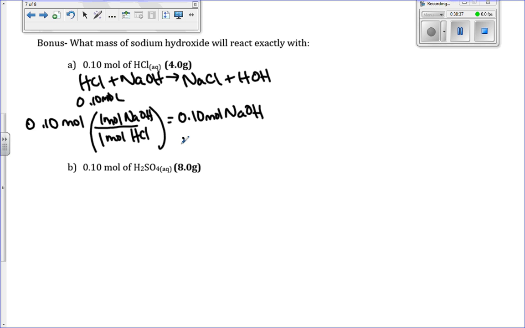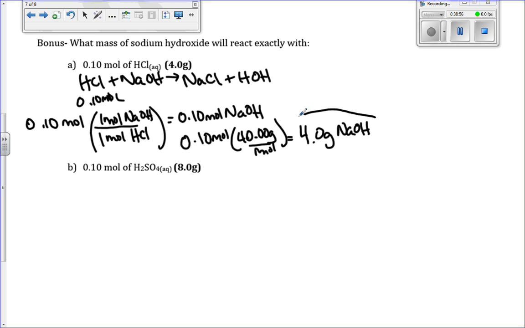And from there, we're going to multiply it by our molar mass of sodium hydroxide. And we end up with 4.0 grams of sodium hydroxide is required to react with 0.1 mole of hydrochloric acid.